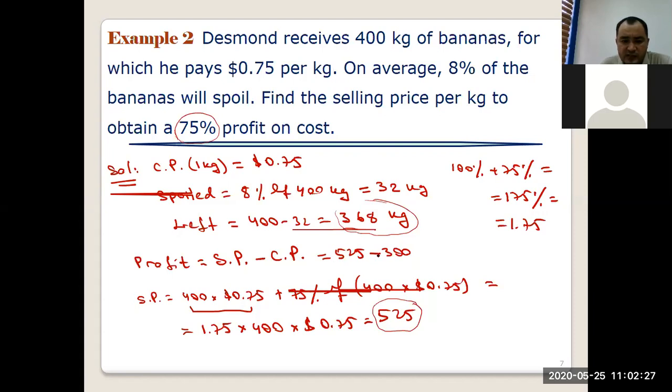And we are making this profit selling 368 kg of bananas. So we should divide this by 368, the selling price per kg. So 525 minus 300, divided by 368, is equal to 0.61.